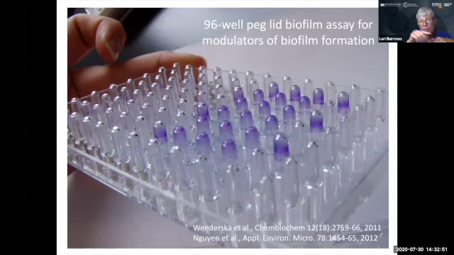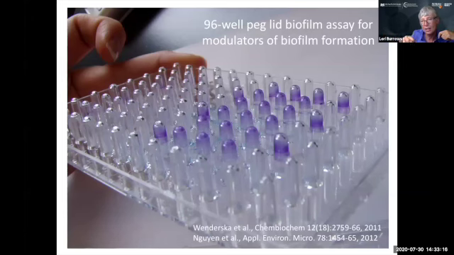And you get biofilm formation by the bacteria on the pegs, and then you can remove the lid, wash off any bacteria that are not firmly stuck to the peg, which they usually are quite stuck to the peg. And then we basically dunk this lid into a solution of crystal violet, which is a purple stain. It's the first step of the Gram stain for those of you who remember your basic microbiology.